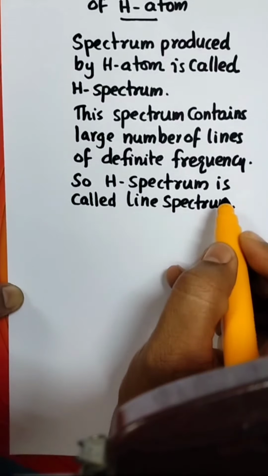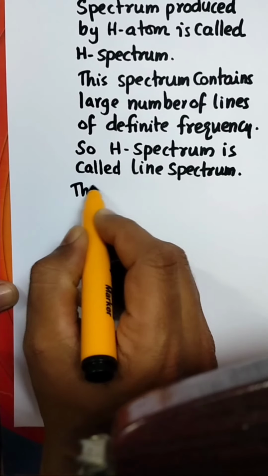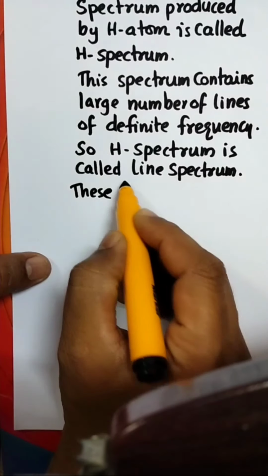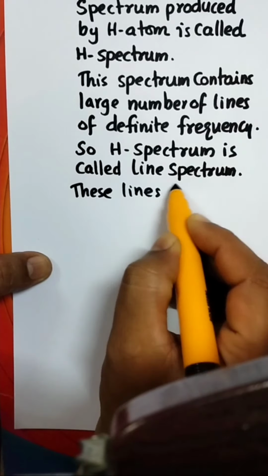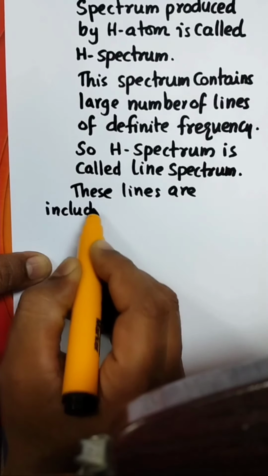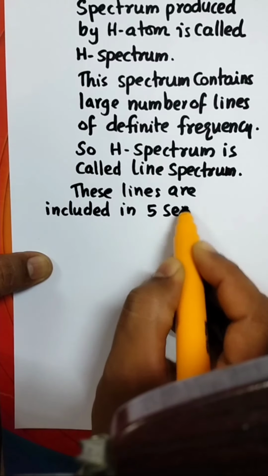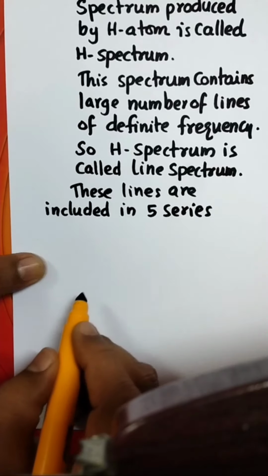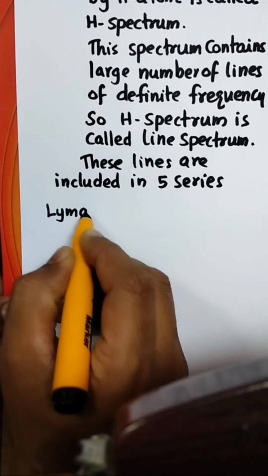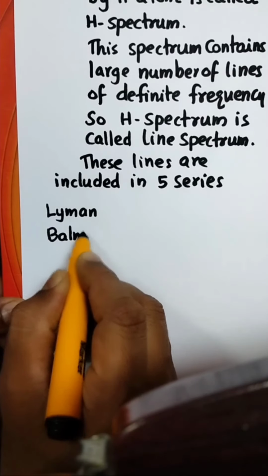These lines are included in 5 series. They are: first one, Lyman series. Second series, Balmer series.